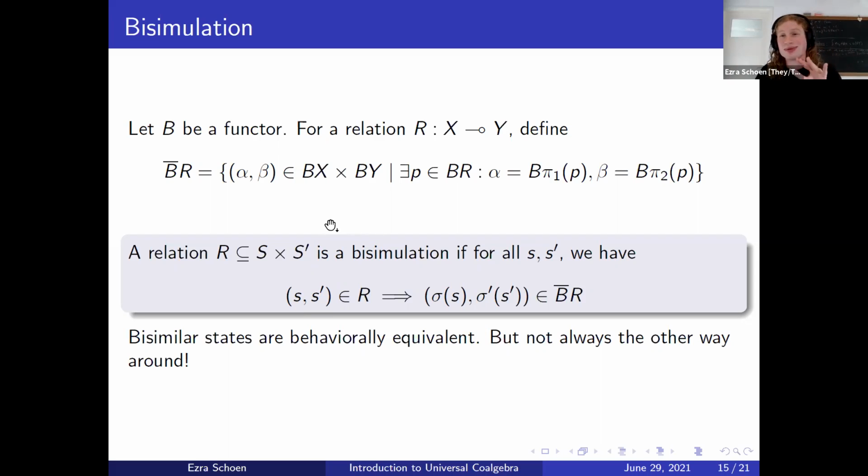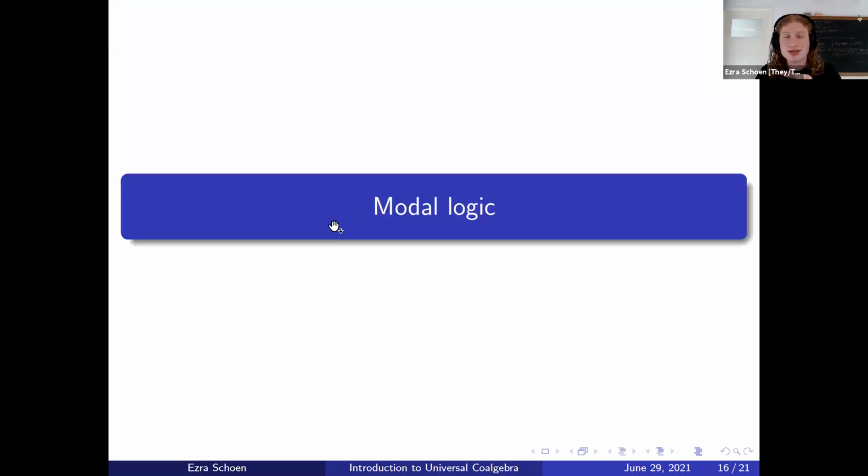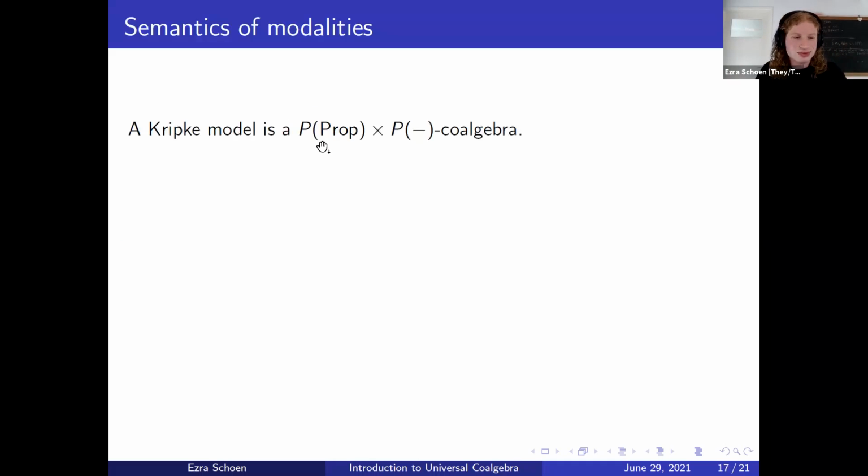Now I want to continue on to logic, which is going to approximate behavioral equivalence from the other direction. And so I want to start by just reviewing ordinary modal logic, but from a coalgebraic perspective.